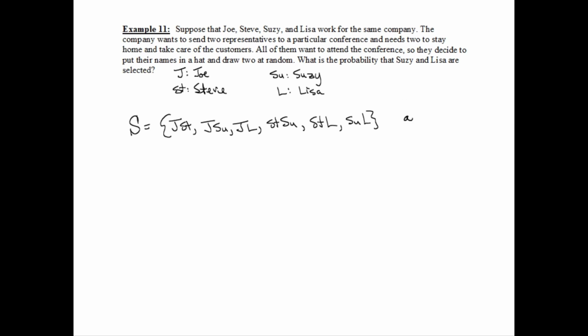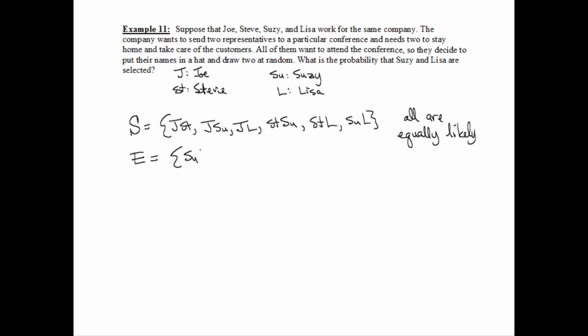And all of these are equally likely, right? Everybody's name is in the hat only once, and so there's no reason to expect any of these to be more likely than any other one. Okay, so what is the probability that Susie and Lisa are selected?